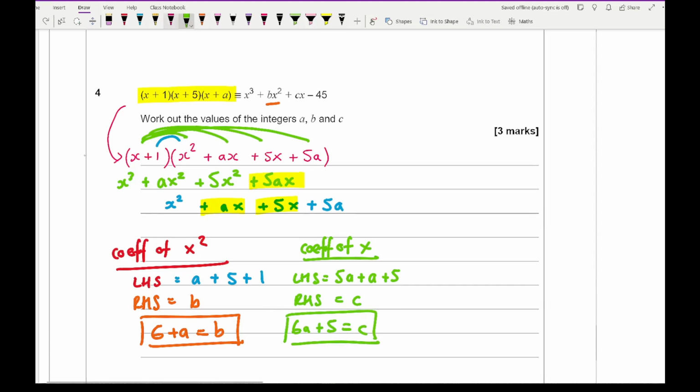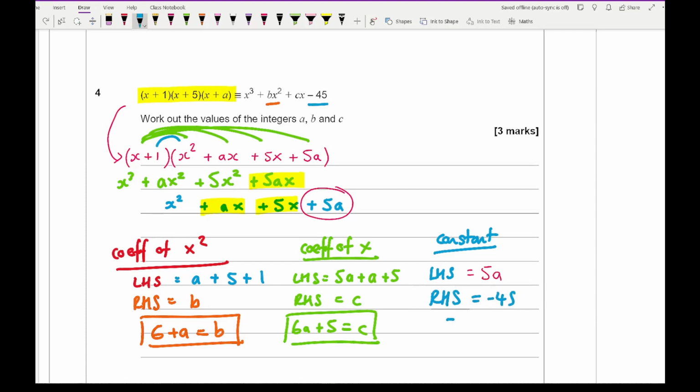Then looking at the coefficients of the constant, on the left hand side, things that haven't got an x is this, and that's it. So it's just 5a. And on the right hand side, the constant is minus 45.